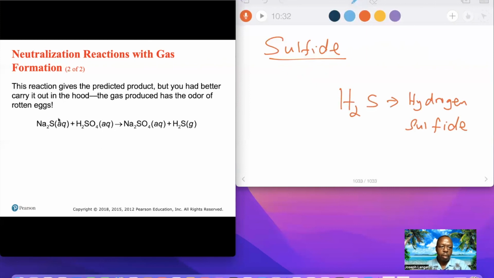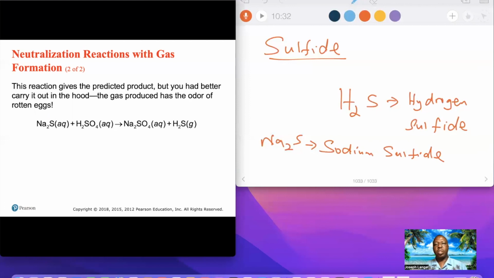This is an acid plus a sulfide. Na2S, sodium sulfide, with sulfuric acid will produce sodium sulfate and hydrogen sulfide gas. This is the rotten egg smell, okay? So be careful with hydrogen sulfide gas.